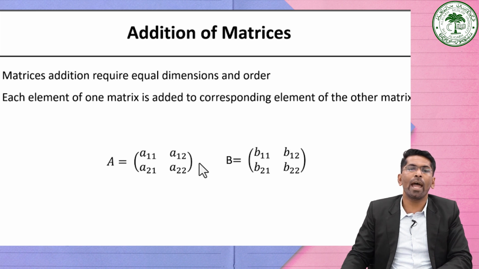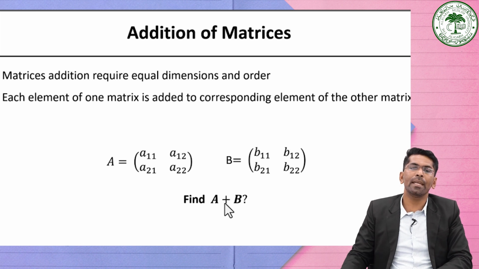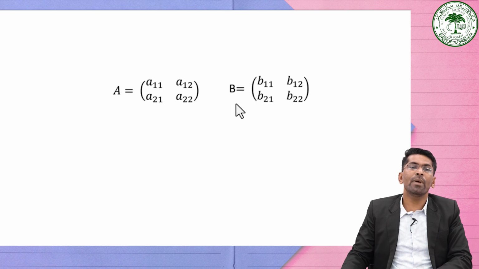And we want to add these two matrices, so we want to find A plus B. In order to find A plus B, let us check whether the given matrices are of equal dimension or not, that is, whether the number of rows and columns are equal in both given matrices. Here A is equal to A11, A12, A21, A22, and matrix B is equal to B11, B12, B21 and B22.